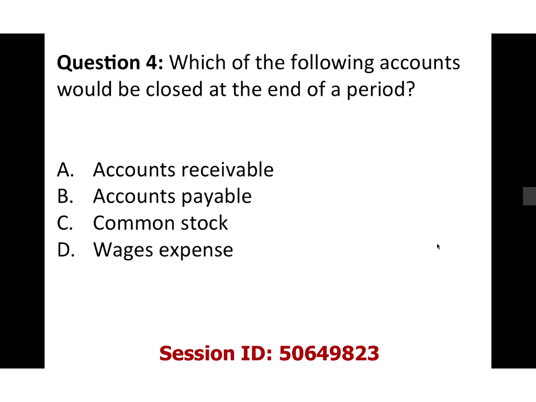So while you're answering this question, this is asking which of the following accounts will be closed at the end of the period. So to answer this question, you need to know two things. First of all, the accounts that are closed at the end of the period are revenues, expenses, and dividends. So you have to go through here and know which one of these is a revenue, an expense, or a dividend. There's only one account type here that is one of those.